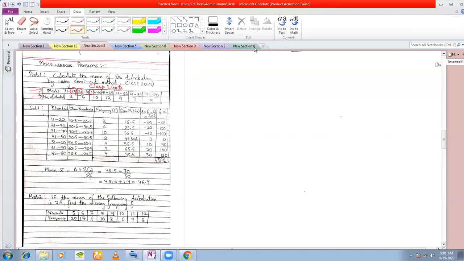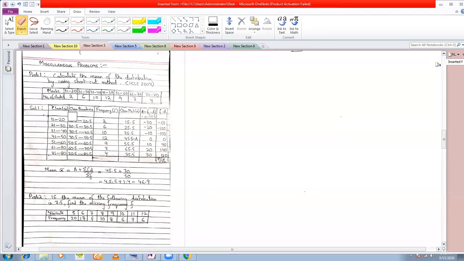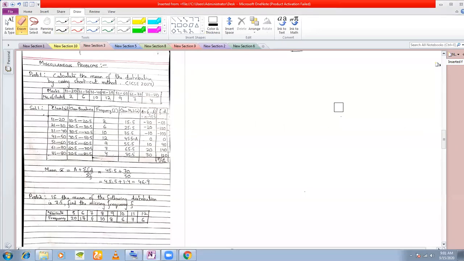Okay. Now, as I told you in the beginning, for mean you can work with class limits. Or if you are uncomfortable, you can always change it to class boundaries. Here I have worked with class boundaries. Why?